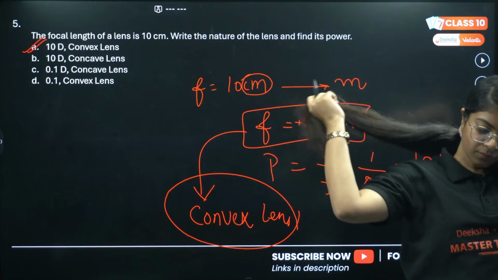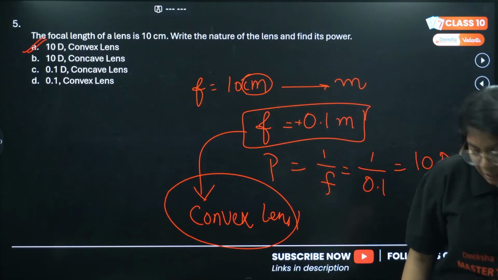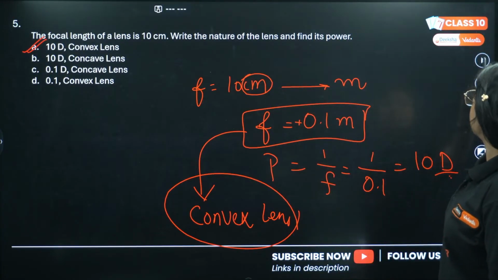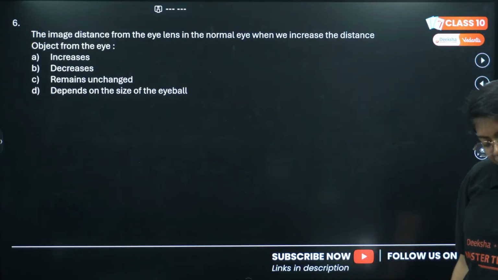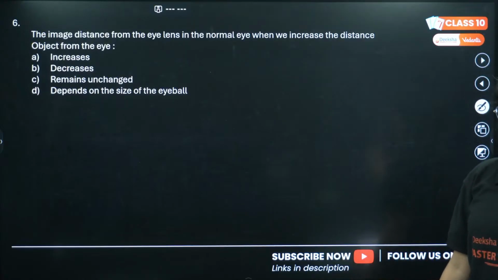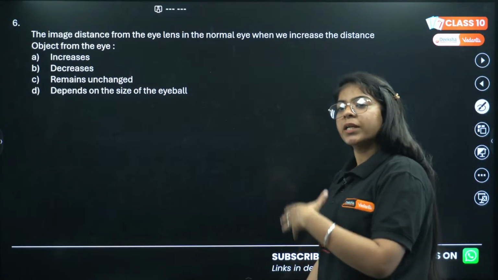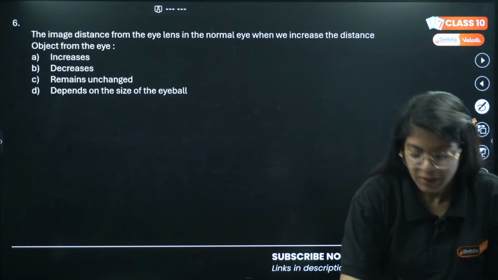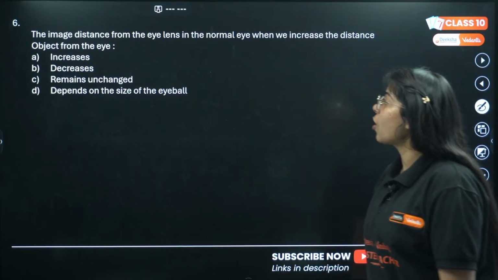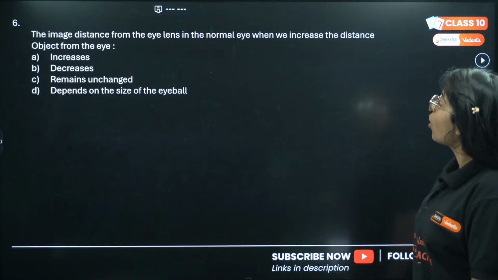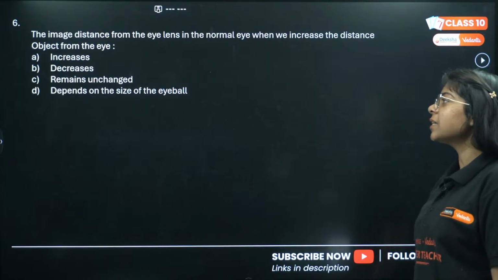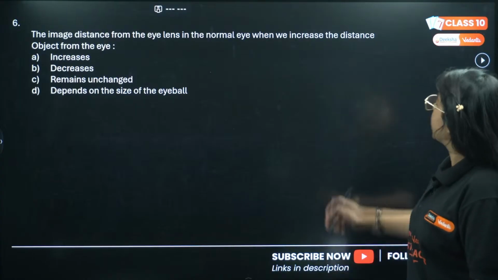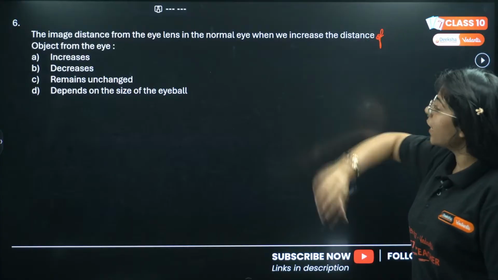Okay. Next question. That is the sixth question. It is a conceptually very important question. The question says: the image distance from the eye lens in the normal eye, when we increase the distance of the object from the eye, what happens?